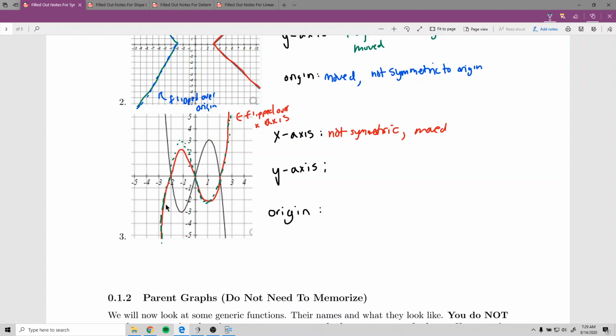And in fact, it would be right on top of where we flipped over the x-axis. So this one also is not symmetric to the y-axis because it moved.